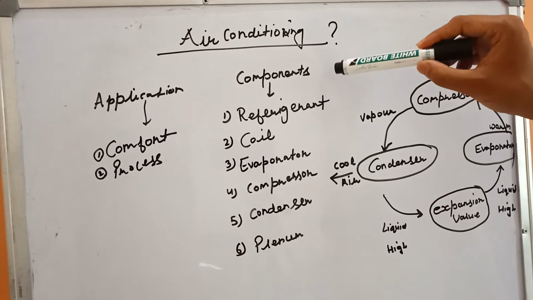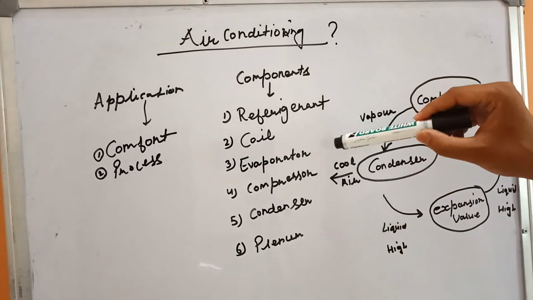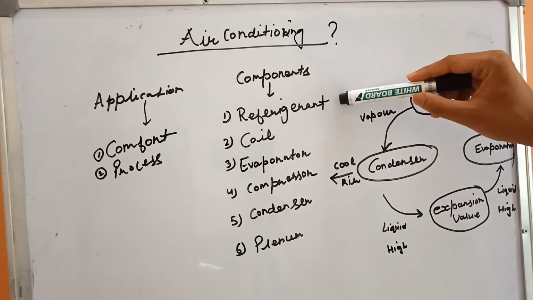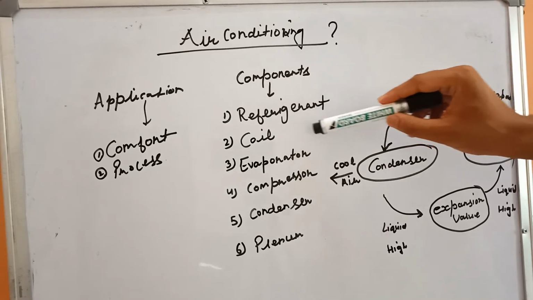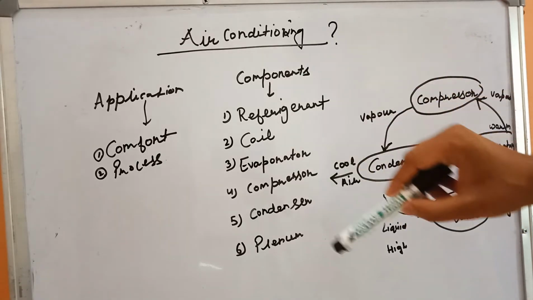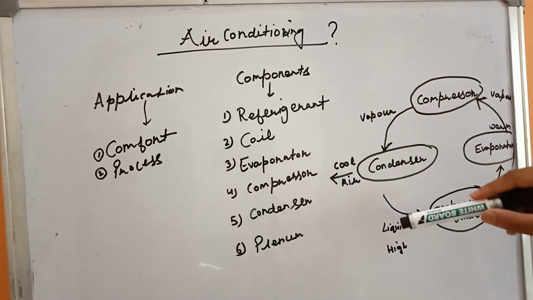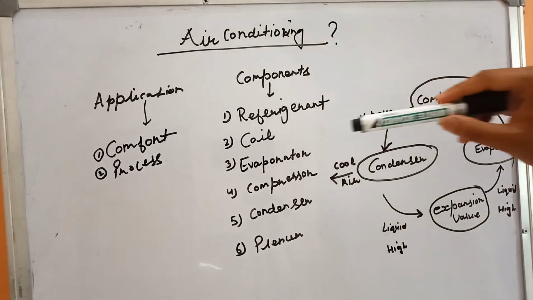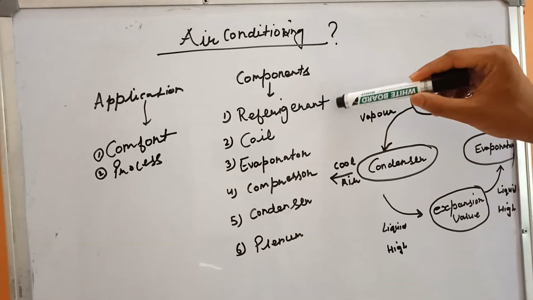Now, what components do we have in our air conditioning system? So first come refrigerant, coil, evaporator, compressor, condenser, plenum. These components make a cycle, and this becomes the principle of our air conditioning. So first, refrigerant.